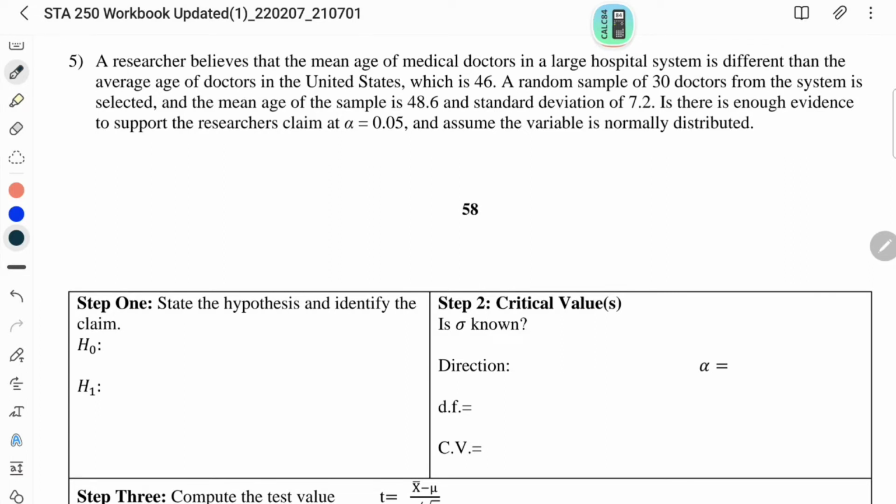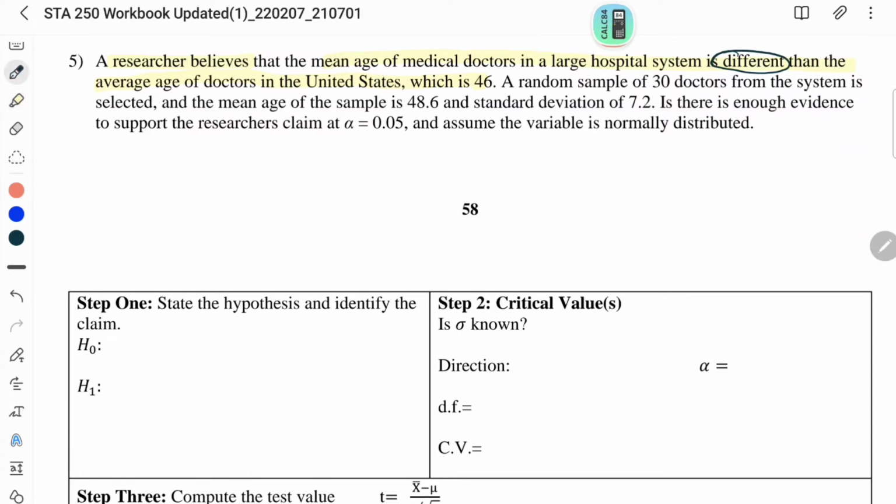And the alternative is the claim. What is the researcher claiming? Or what does the researcher believe? Well, they believe that the mean age of medical doctors in a large hospital system is different than the average age of doctors in the US, which is 46.